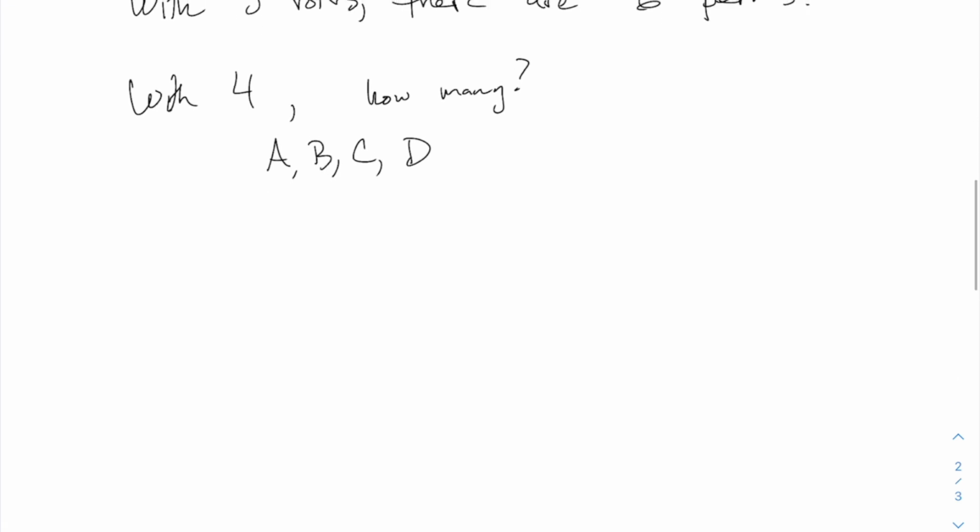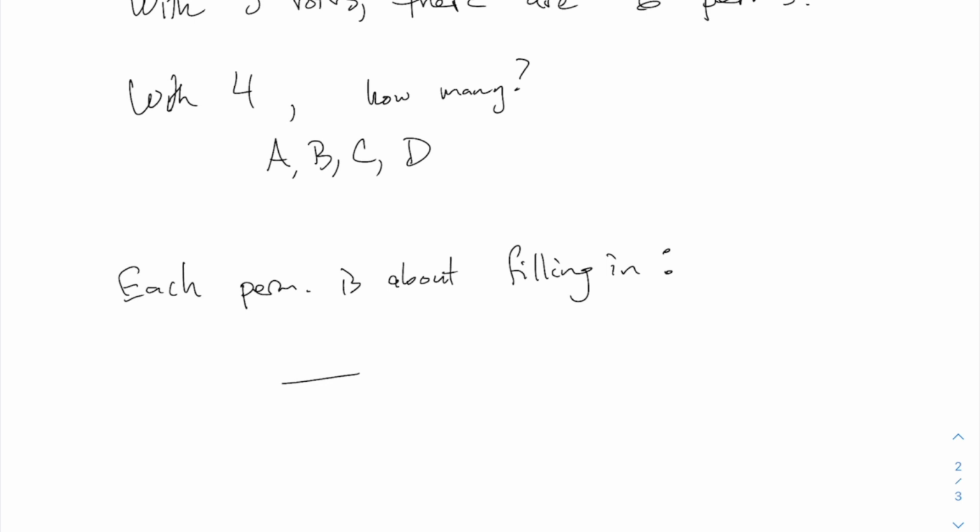I want to think of each rearrangement as a kind of fill in the blanks. So each permutation is about filling in, in the case of A, B, C, D, 4 slots. You can go A, B, C, D, or you could go A, C, B, D, or whatever. There are many different ways to do it.